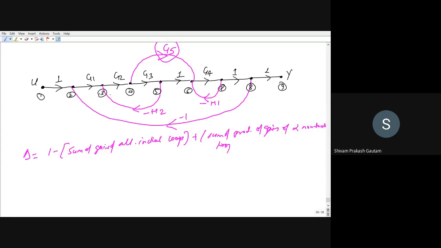I have explained the formula again, so I am not writing it fully, okay? Minus sum of product of gains of three non-touching loops, plus so on, it will go on.